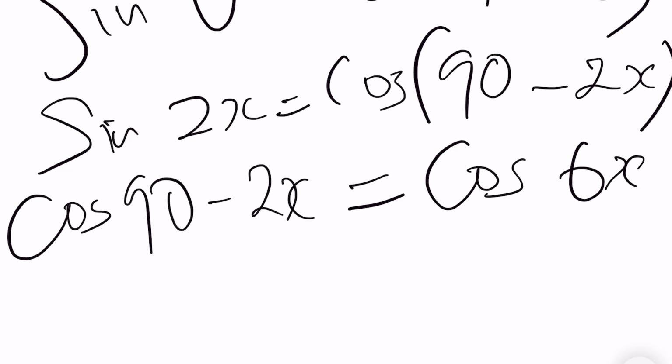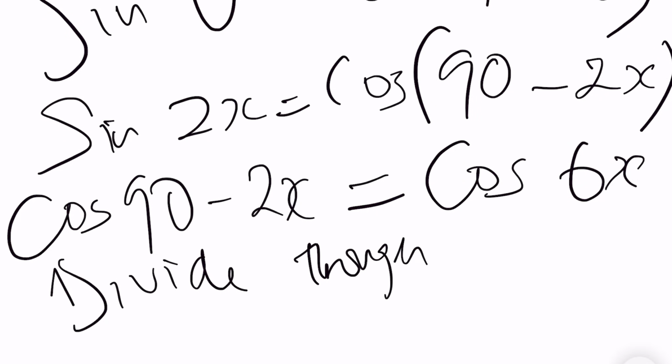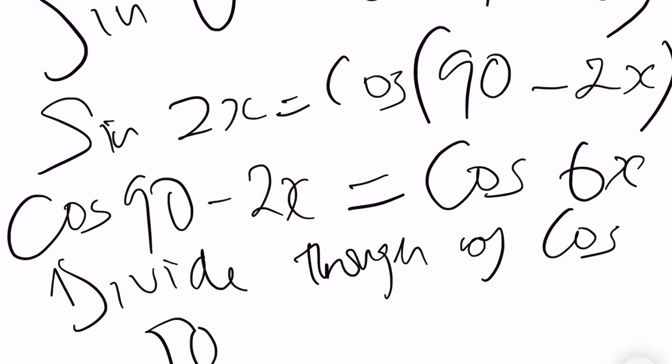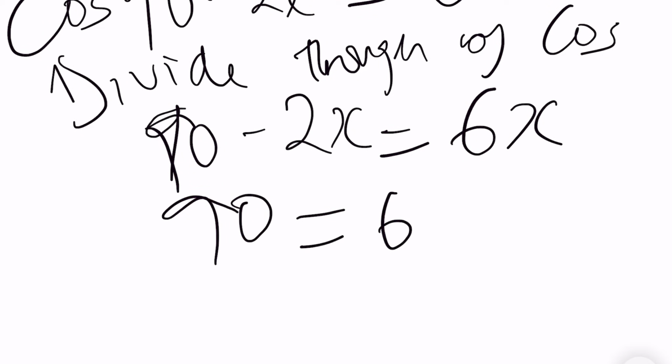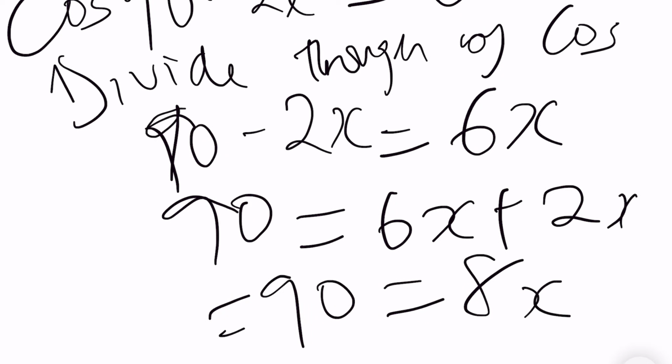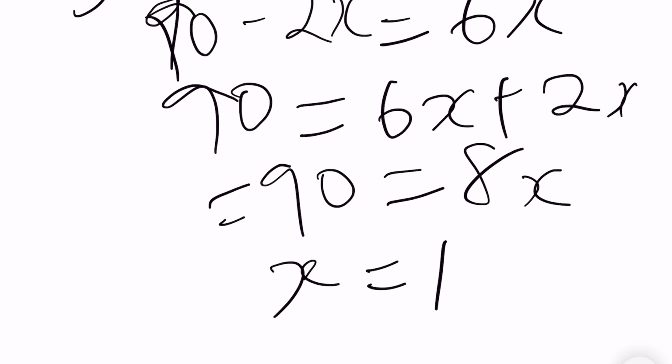We divide through by cos, and we have 90 minus 2x equals 6x. Here we have 90 to be 6x plus 2x, we have 90 to be 8x, where we have our x to be 11.25. So what this part is trying to tell us is that even if the questions are reversed, the answers are the same.